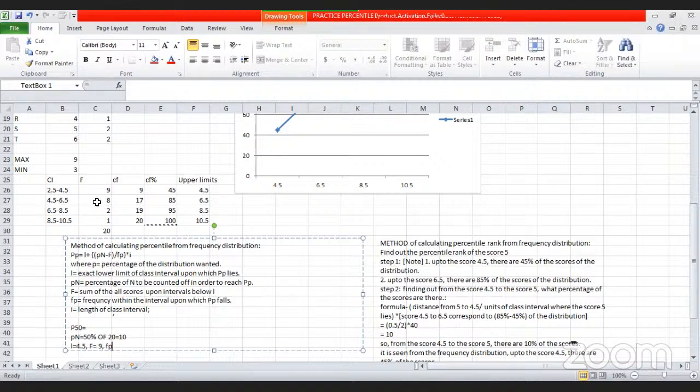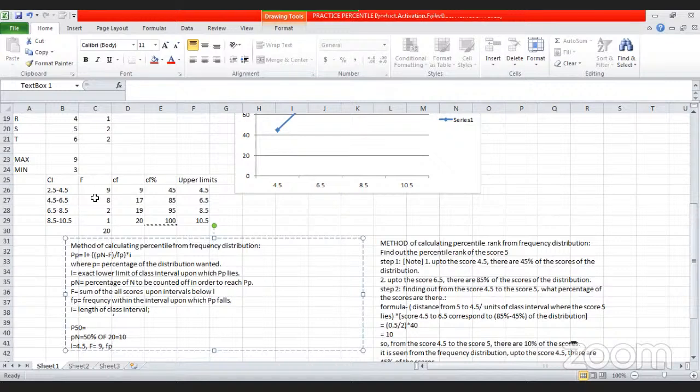That means 8. 10 falls within 4.5 to 6.5, and the corresponding frequency of this class interval is 8. So Fp is equal to 8.